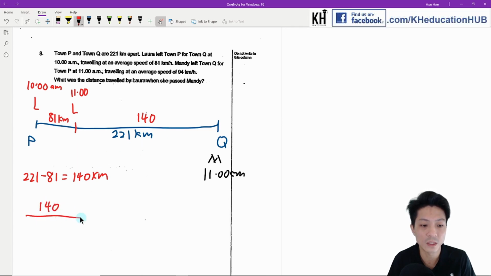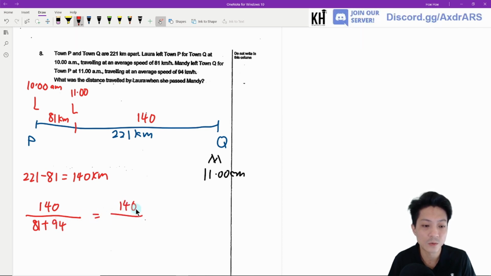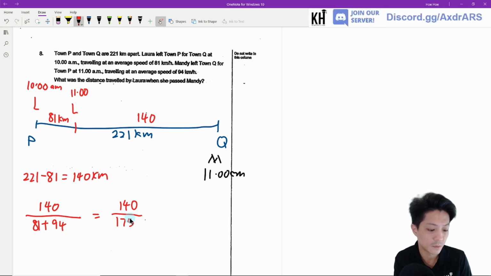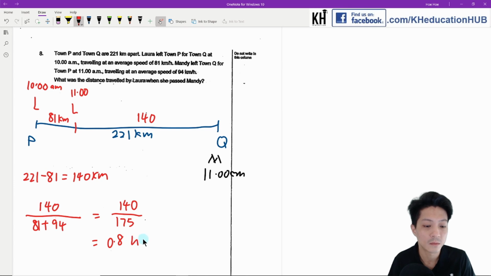So 140 divided by their total speed of 81 plus 94, which is 175. Which is gonna give me 0.8 hour. This is in terms of hours.